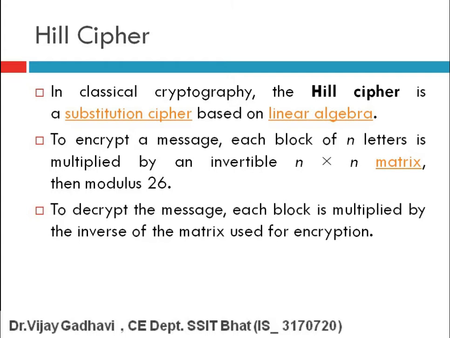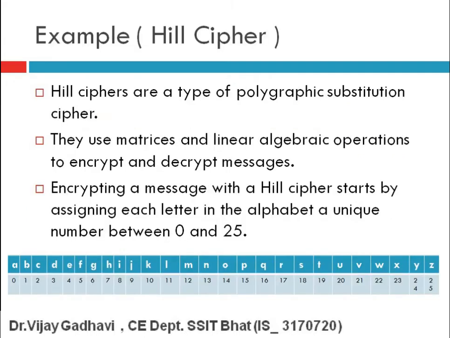To encrypt a message, each block of n letters is multiplied by an invertible n by n matrix, then modulo 26. To decrypt the message, each block is multiplied by the inverse of the matrix used for encryption.